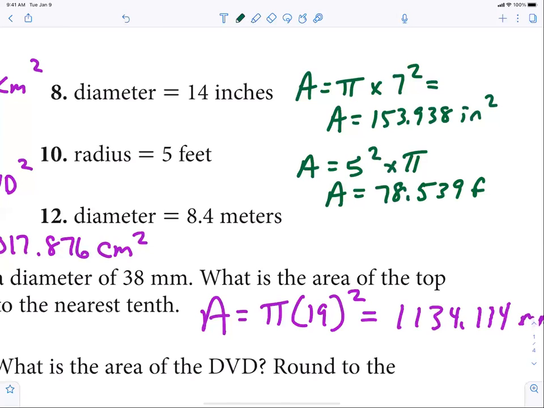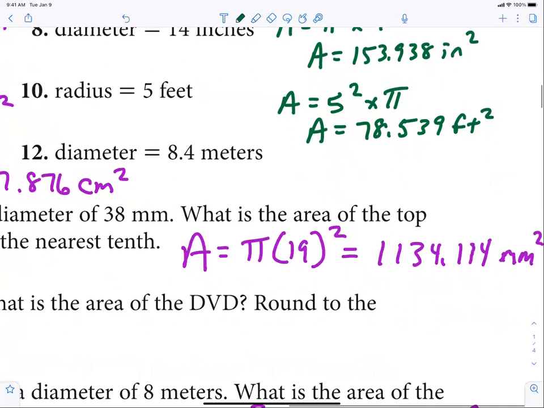Good. All right, I'm pretty happy with that. Okay, number 12, Misha, go. 4.2. Good job. 4.2 what? It's pi times 4.2 squared. That's correct. And I'm waiting.